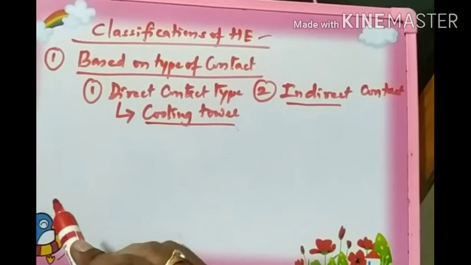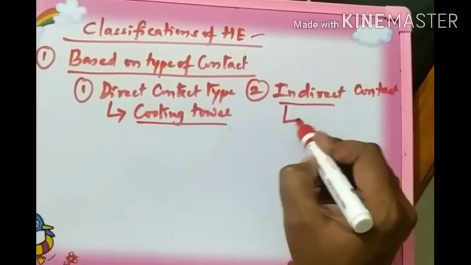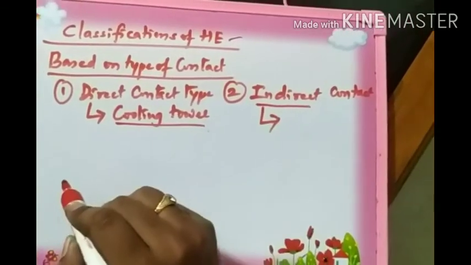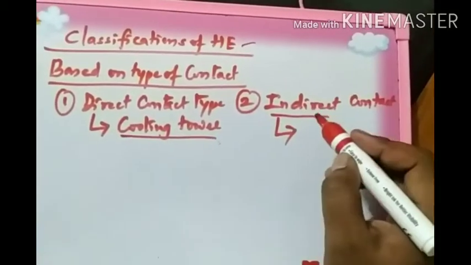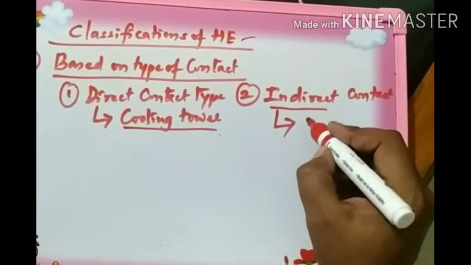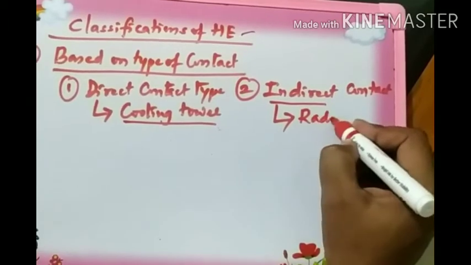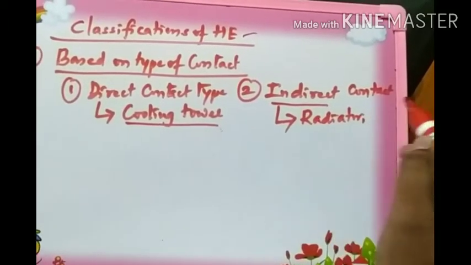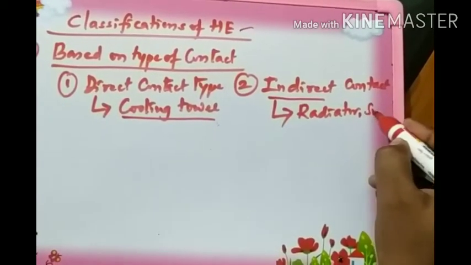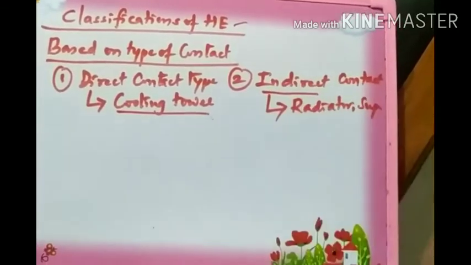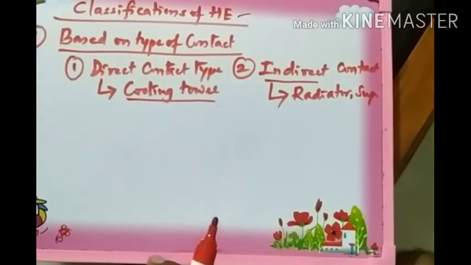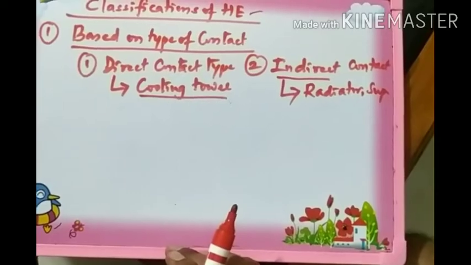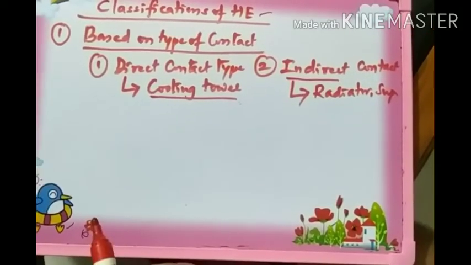Whereas for indirect contact type of heat exchangers, you can consider as an example a radiator or a superheater or a reheater. All of these are generally indirect contact type of heat exchangers.